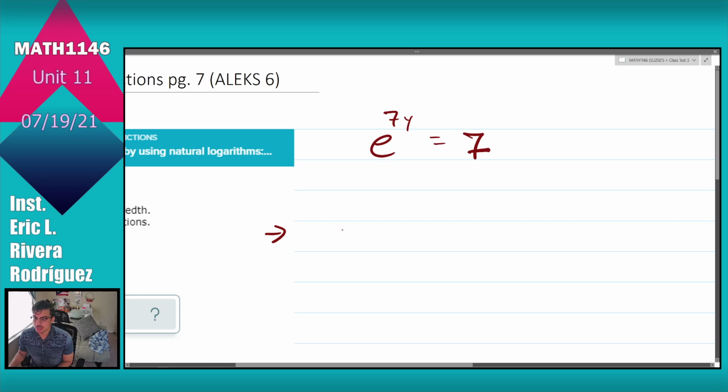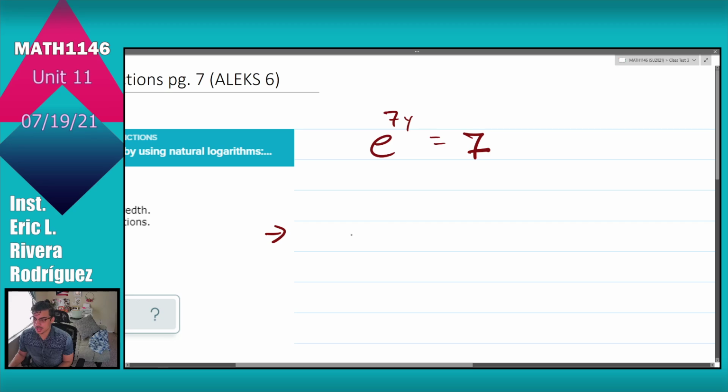Okay, so here what we know is that the base of this exponential function is e. I want to eliminate that exponential operation because my variable is in its exponent. Okay, I want to bring down my variable y.